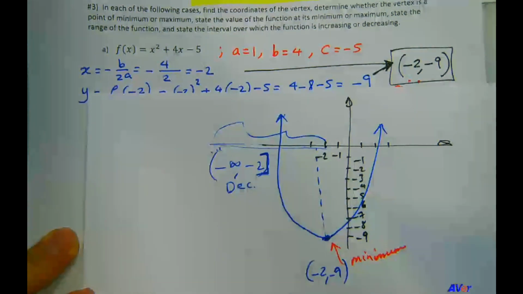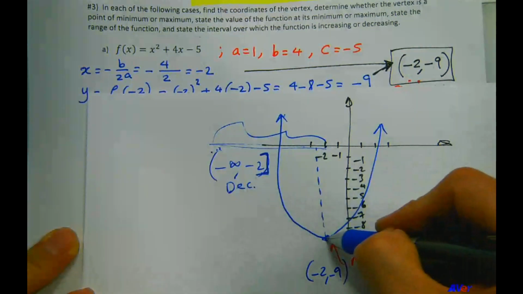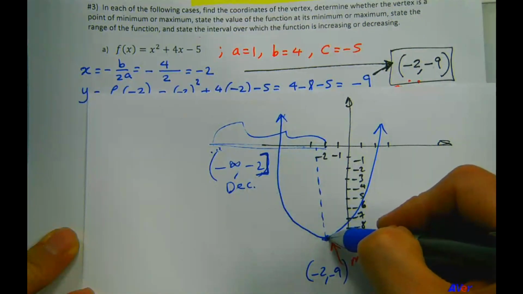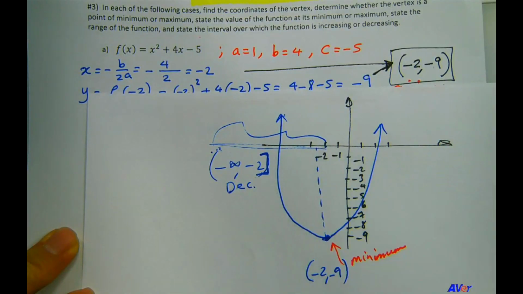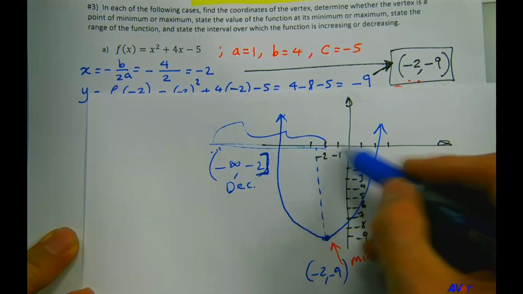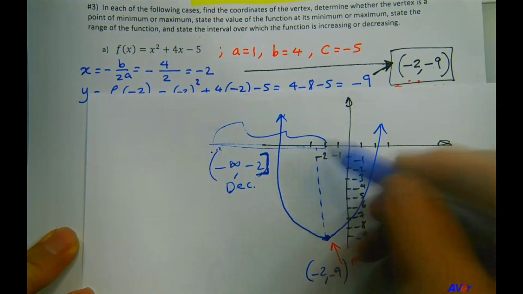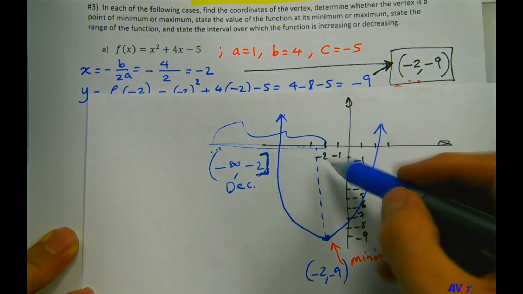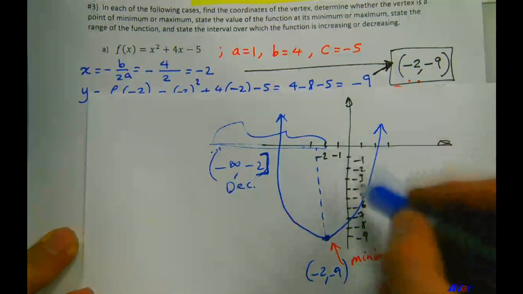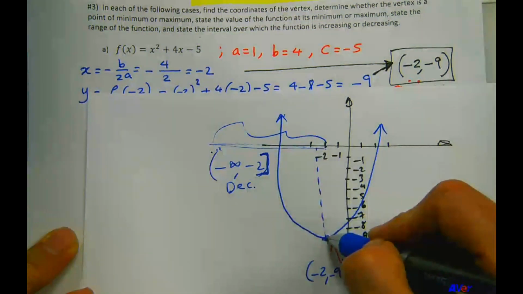Okay, it's decreasing. But from -2, we're talking about the x-axis now, right? Not the range. The range we already talked about. But for where the function is increasing or decreasing, we always reference the x-axis, not the y-axis. Okay? So with respect to the x-axis, the function is increasing right after -2.